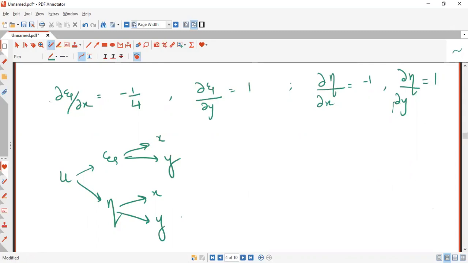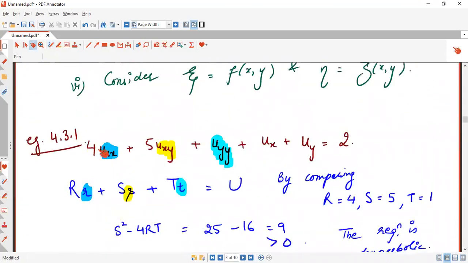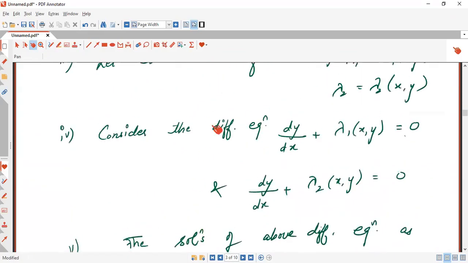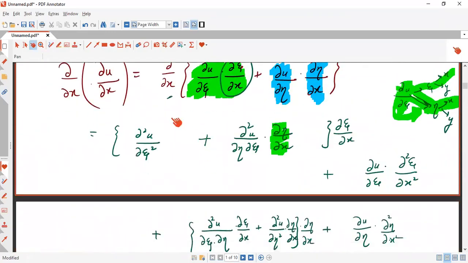To find the solution in terms of the canonical forms, xi and eta. Now coming back to the given equation, it has uxx, uxy, uyy, ux, and uy. I have to substitute these values in the given equation. For that, I need to know what uxx, uxy, uyy, ux, and uy are. So let's find it out, just like we have done over here. This same thing we are going to do again. All right.